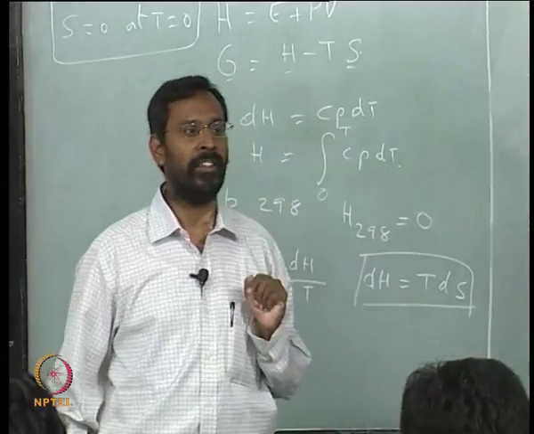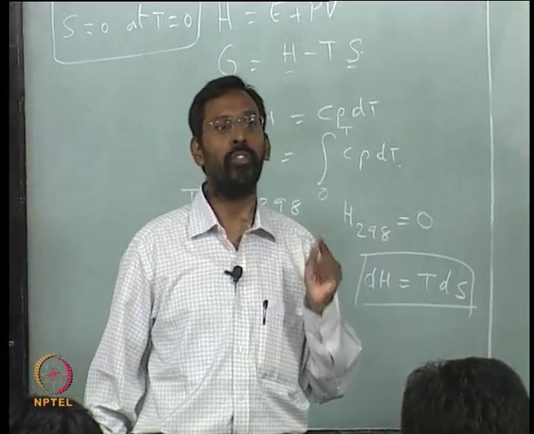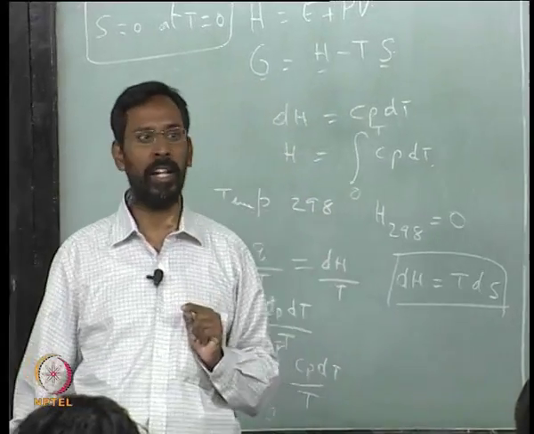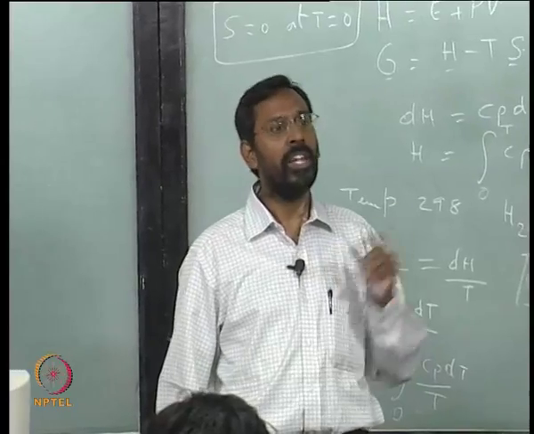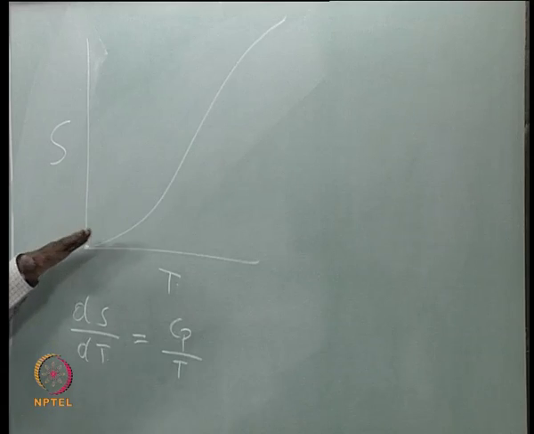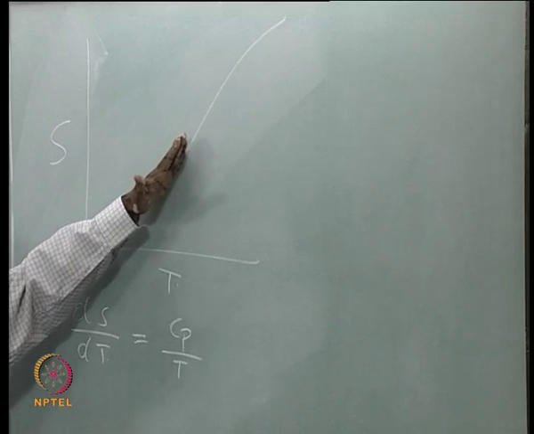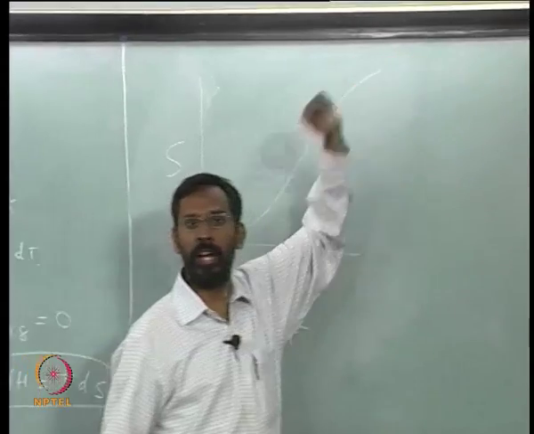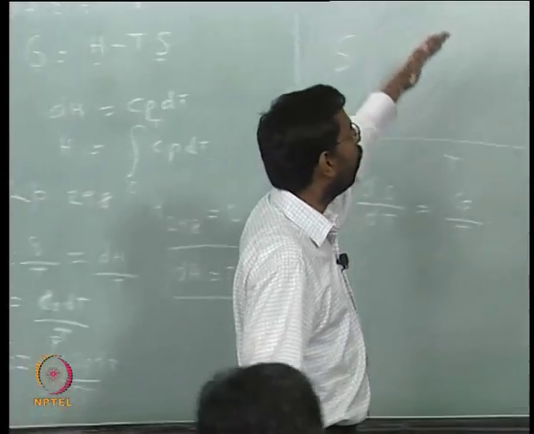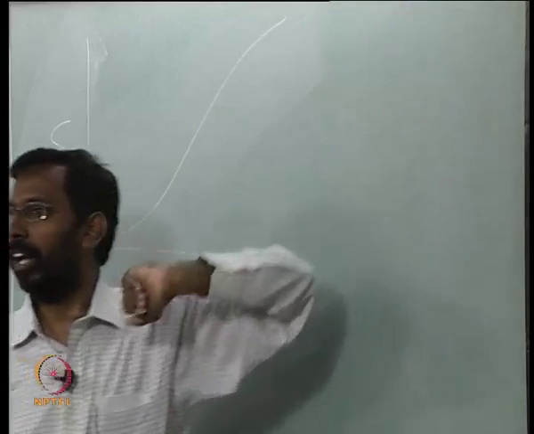Entropy increases with increasing temperature, but what we are talking about is the slope of this entropy. That means the rate at which entropy increases with temperature is going to decrease as the temperature increases. So initially it will be a steeper curve, and later it becomes a shallower curve, and in principle this curve will never become 0.